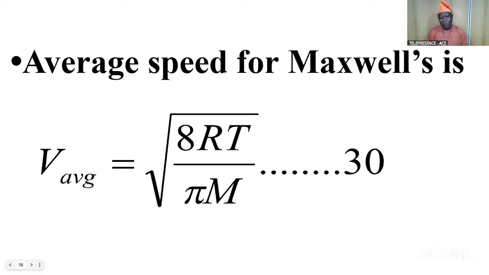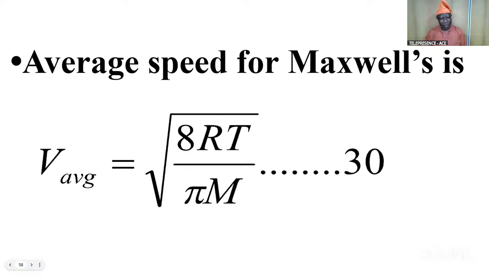But sometimes you will only be asked to find the molar mass. It therefore means that you, as a student, should be able to make capital M in expression 30 the subject. So if I want to make M the subject, square both sides of v average, which removes the square root.